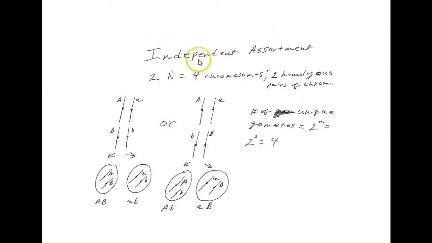So, right here's the idea of independent assortment. We have some organism out here that has a diploid number, 2n number, of 4 chromosomes. That is 2 homologous pairs of chromosomes. Then the number of unique gametes is going to be equal to 2 to the nth power, where n is the number of homologous pairs, so that would be 2 to the second power, which would be 4.